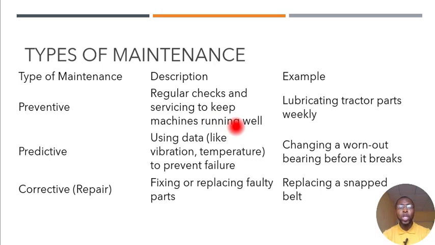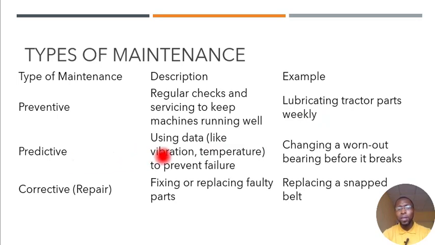So you check the machine maybe every 2 weeks, you check the moving parts, service and lubricate them. This regular checking and servicing is what we call preventive maintenance, just to keep it running well.